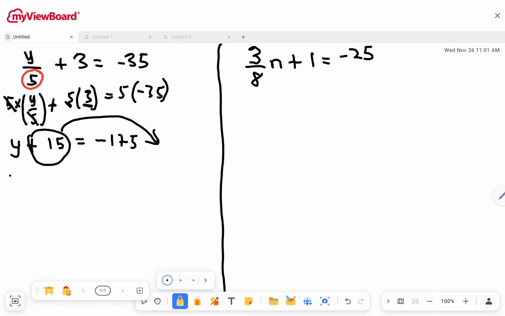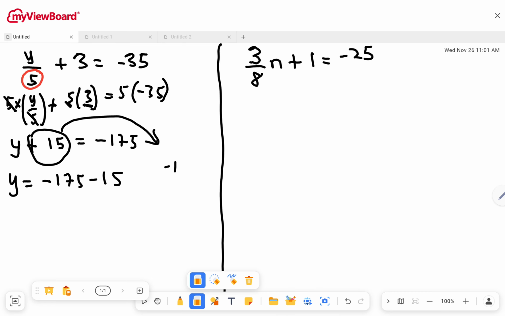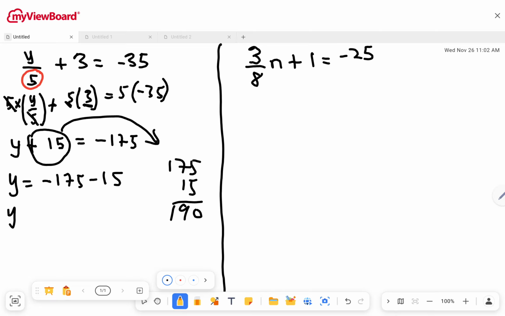So now we are going to have y is equals to negative 175 minus 15. So what will be the answer? 175 plus 15. We have 10 here. This will give us 8. 8 plus 1 will give us 9, then 1. So we are going to have y is equals to negative 190.